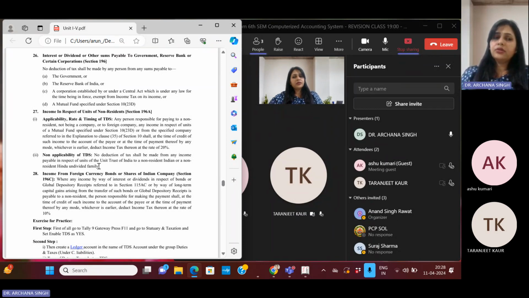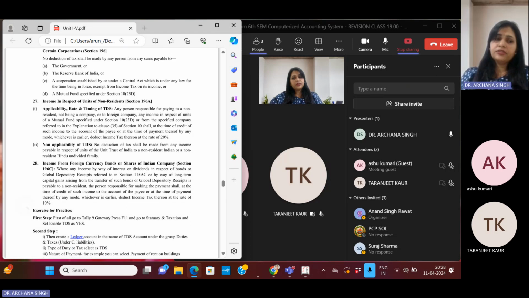Non-applicability कहाँ होगी? In the case of Unit Trust of India to a non-resident Indian or non-resident HUF के case में there is no applicability of TDS.